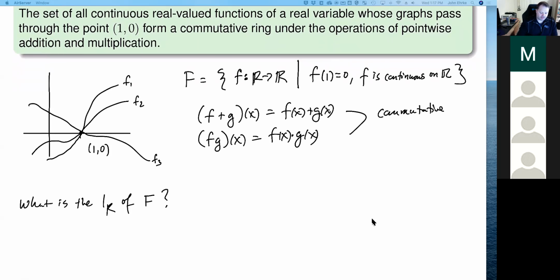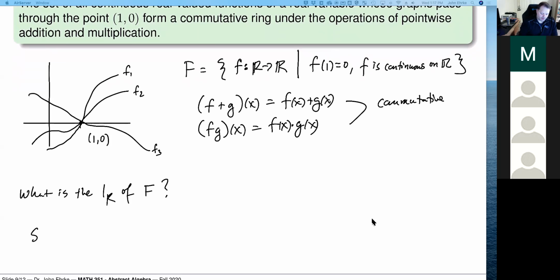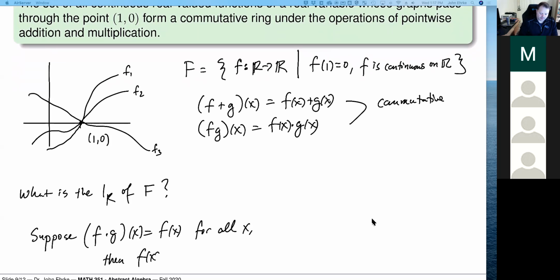Suppose f times g of x is equal to f(x) for all x. Then that says f times g equals f(x), which would imply that g(x) is the constant function 1.